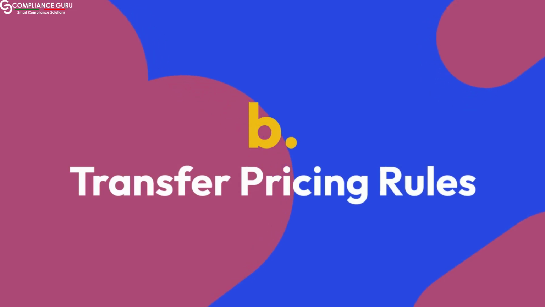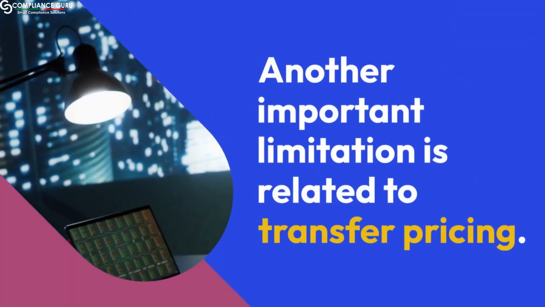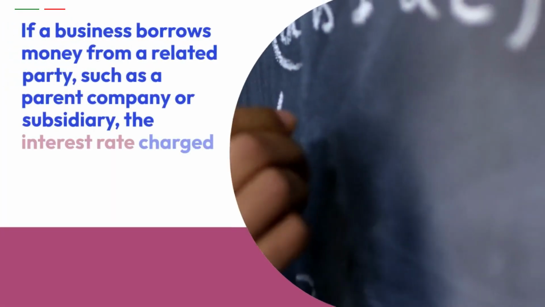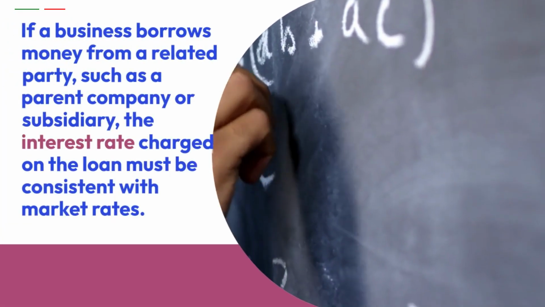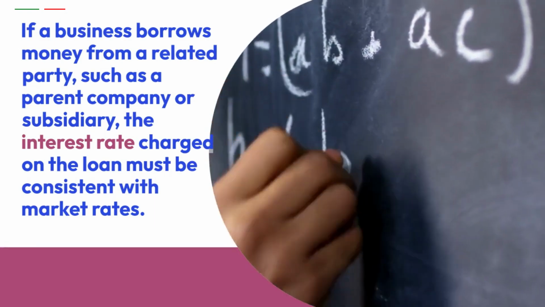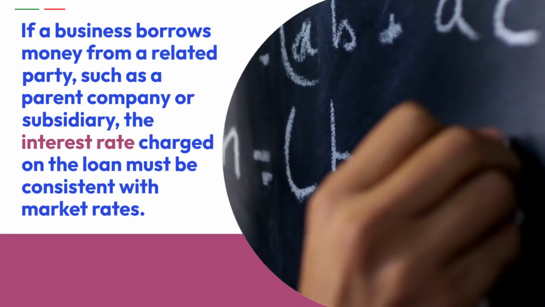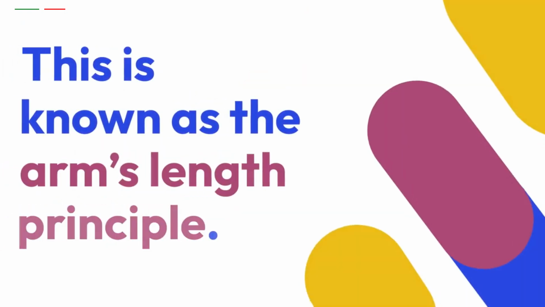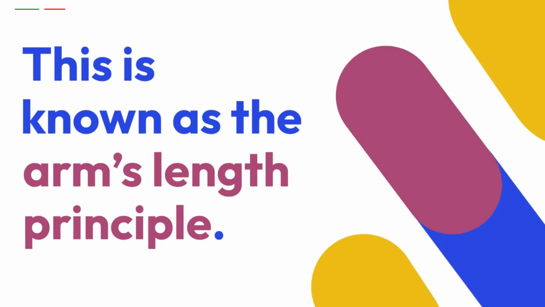B. Transfer pricing rules. Another important limitation is related to transfer pricing. If a business borrows money from a related party, such as a parent company or subsidiary, the interest rate charged on the loan must be consistent with market rates. This is known as the arm's length principle.